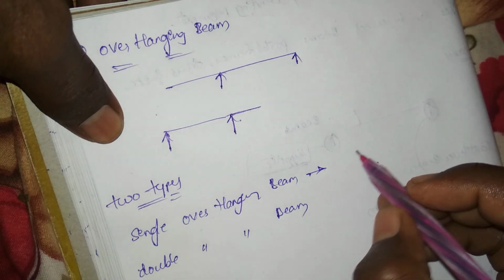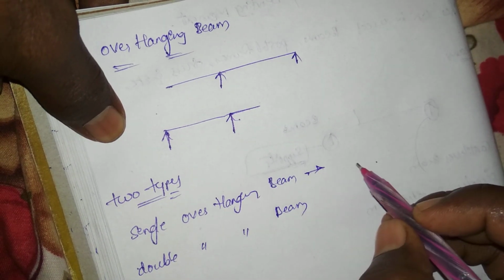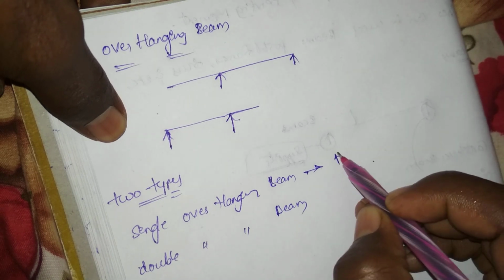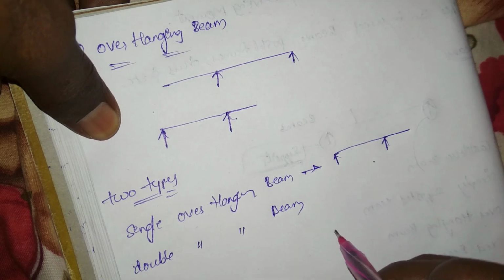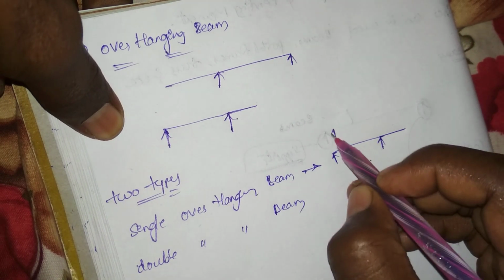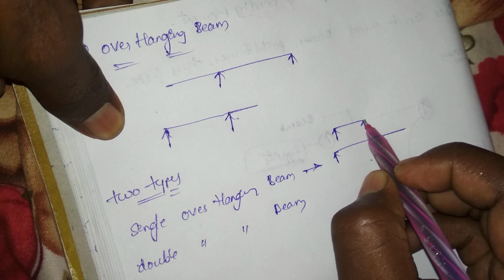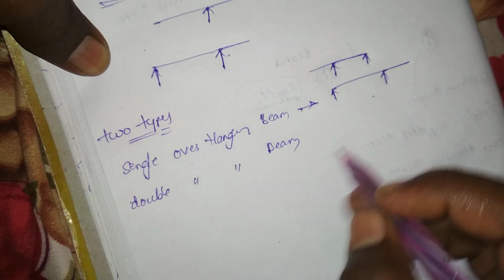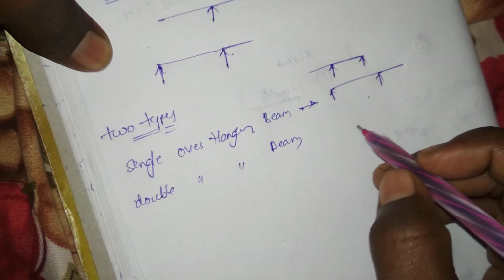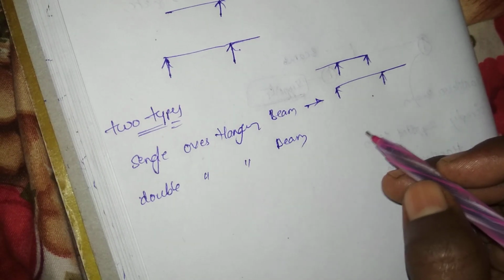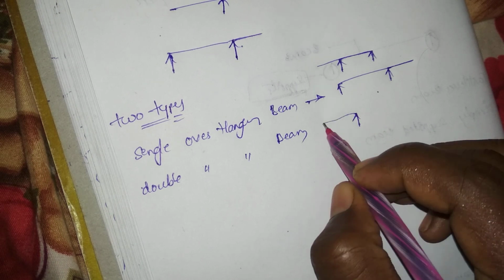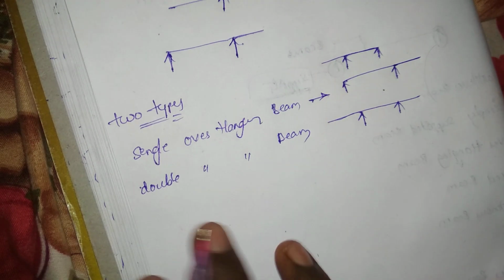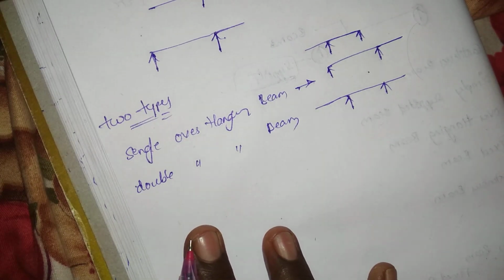Single overhanging means the beam extends beyond only one of the supports, like this or like this. Double overhanging means the beam extends beyond both the supports, like this, called a double overhanging beam.